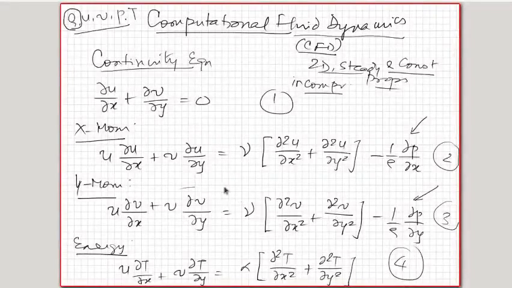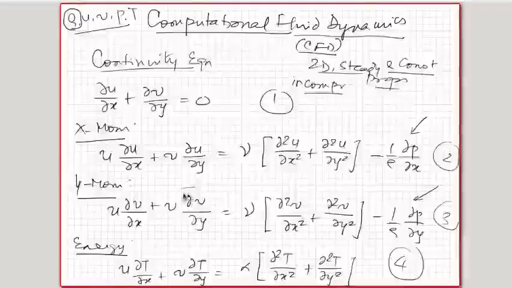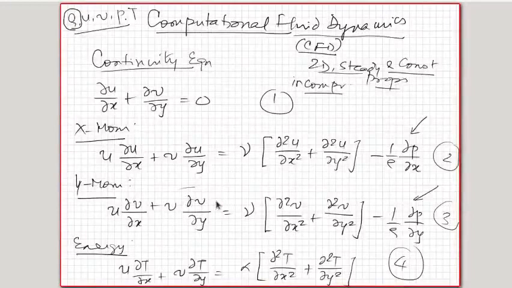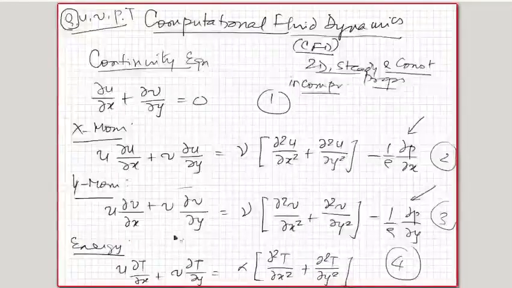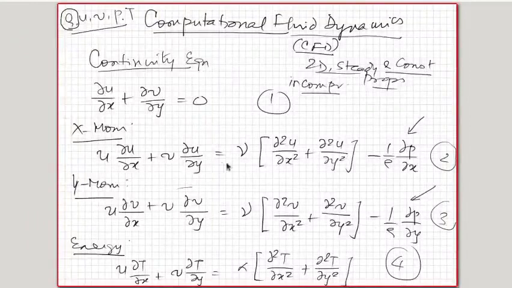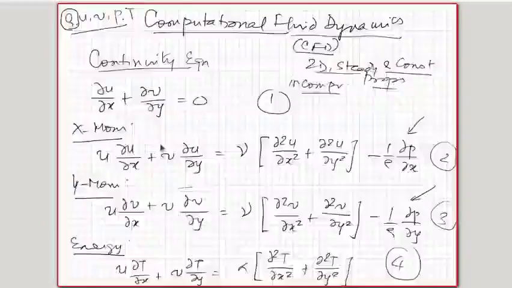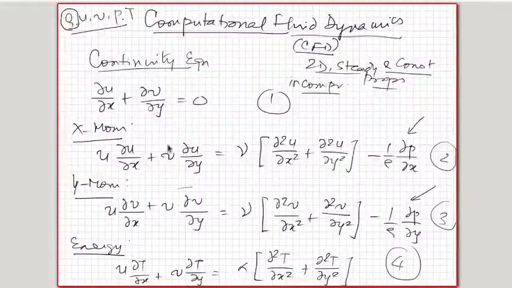Now, because we are solving three equations and we are substituting from one in a sequence, the continuity may not be completely satisfied. So you keep iterating this. You solve for u star from here, v star from here, and then substitute both of these into this to solve for p prime, get p prime and correct p, get u prime, v prime and correct u and v, and then put them back into the momentum equations and continue the iteration until u prime, v prime and p prime actually vanish, because no more correction is required if the equations are correctly satisfied.